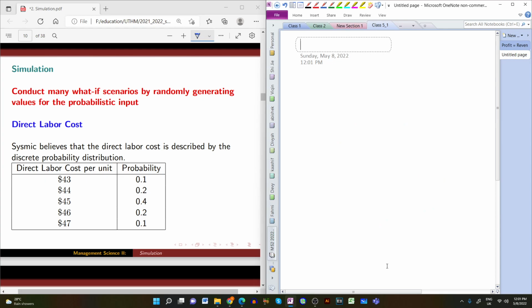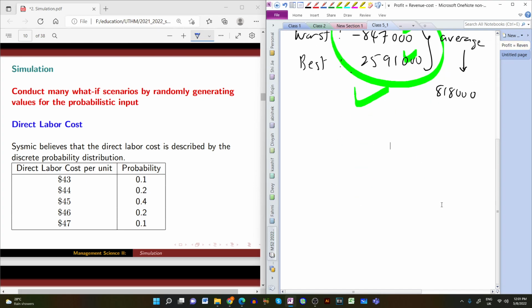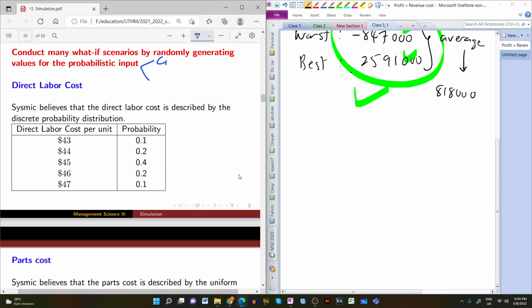First of all, as I told you just now, the probabilistic input in our current situation is labor cost, part cost, and demand.